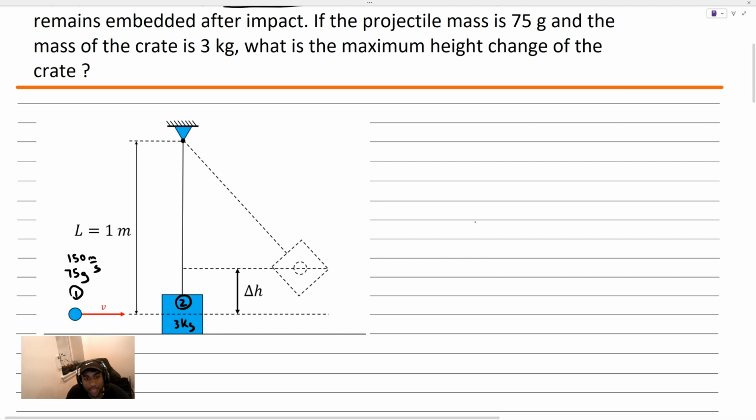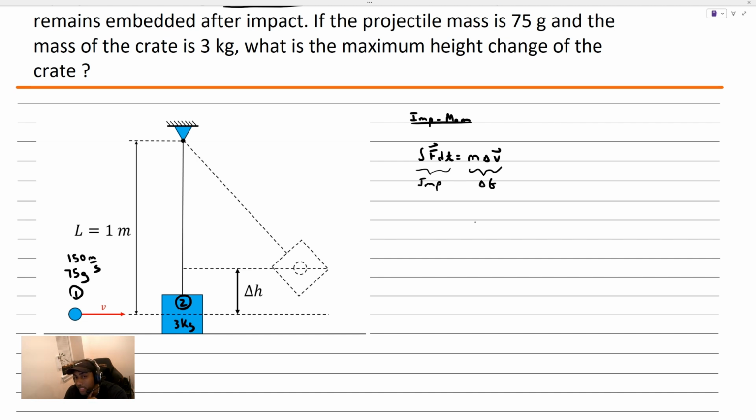The first thing I think about when I have two objects impacting each other is the impulse momentum principle. It says that the integral of F dt is equal to m delta v. The left-hand side is called the impulse, and this is the change in momentum.